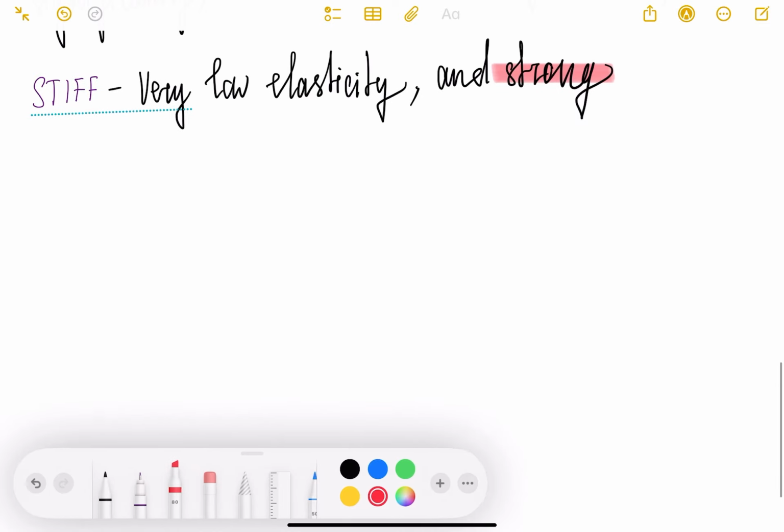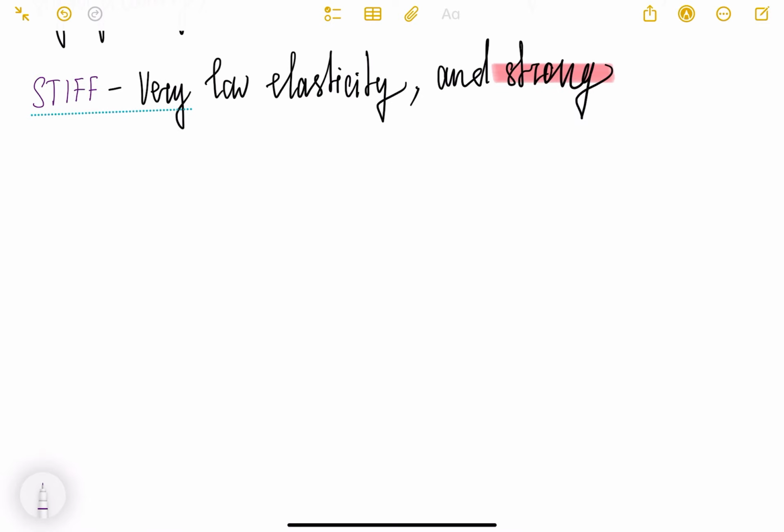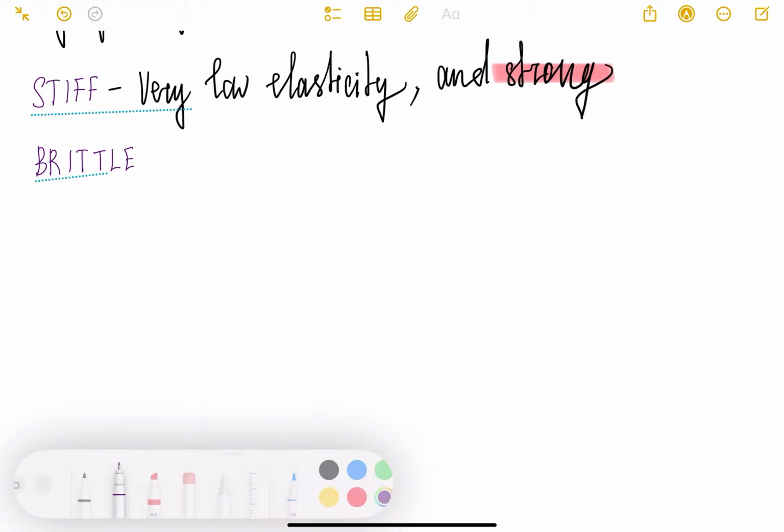So what is brittle? Brittle is the opposite of stiff. Brittle, B-R-I-T-T-L-E, brittle. It sounds like brutal, but it is not brutal. This is brittle.